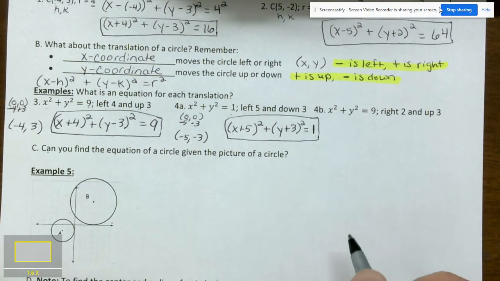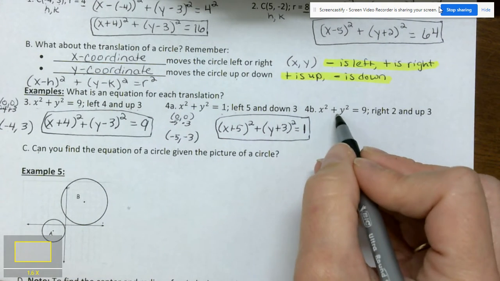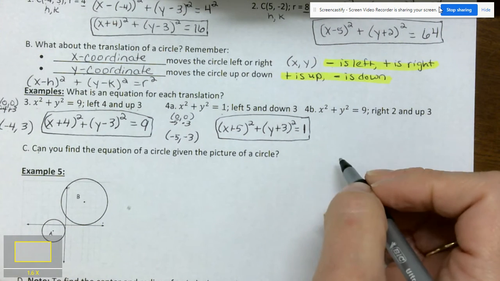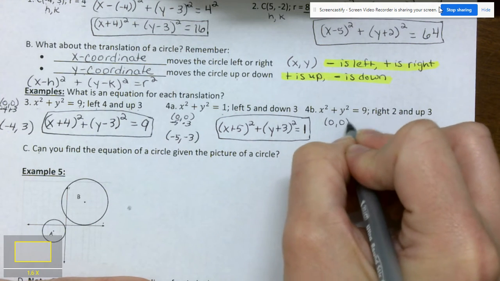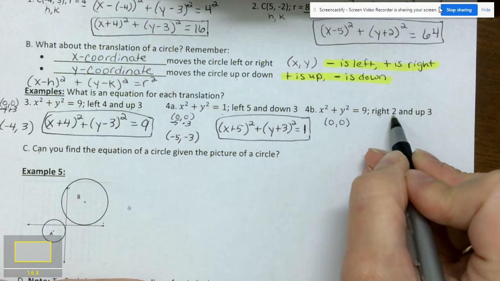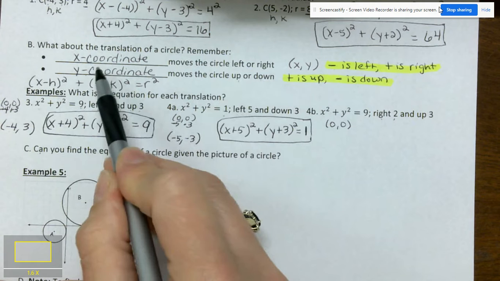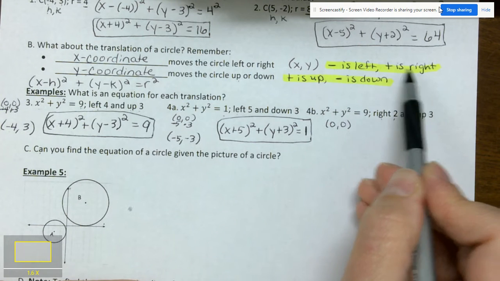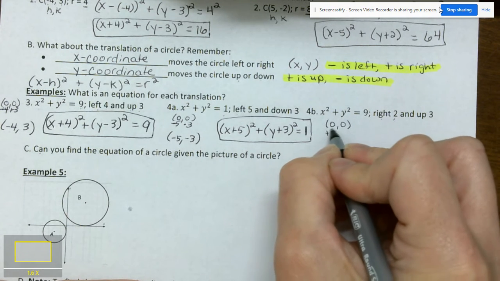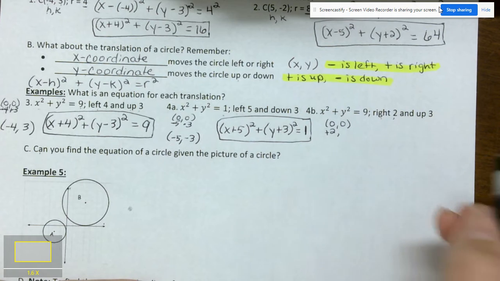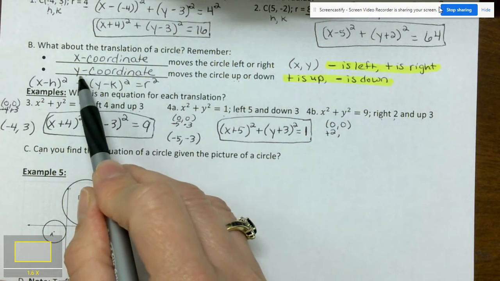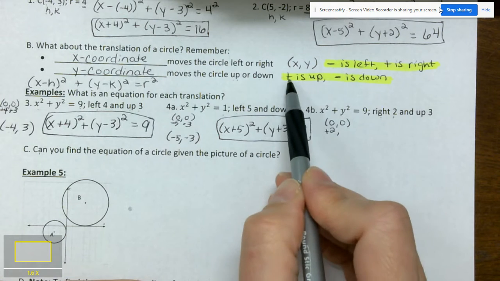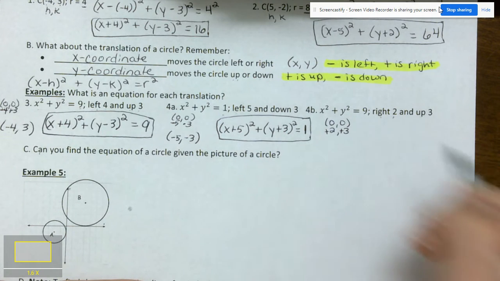Okay, if we look at 4B, x squared plus y squared equals 9. So again, we start at 0, 0. Right 2, right is the x, and to go right, we add. So we're adding 2 to our x. And then up 3, up is the y, and up means we add, so we add 3 to our y.